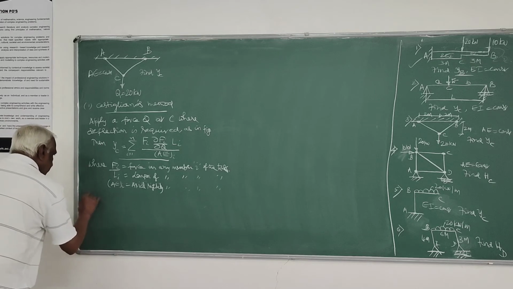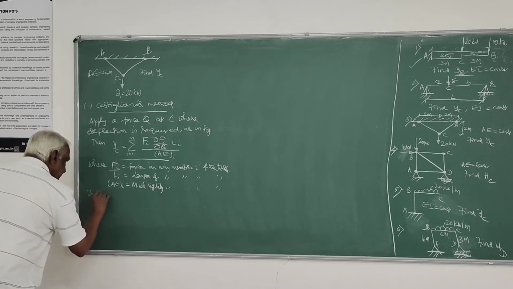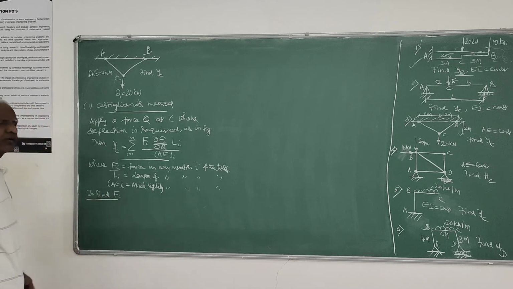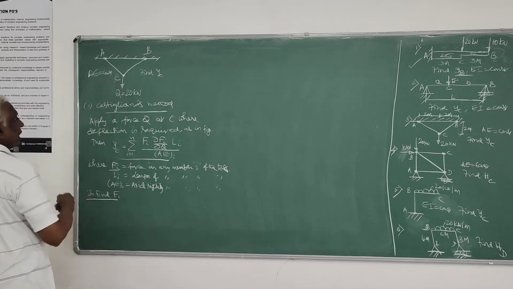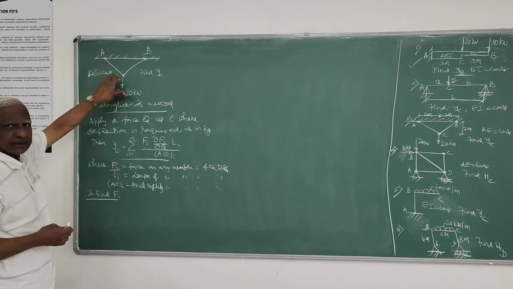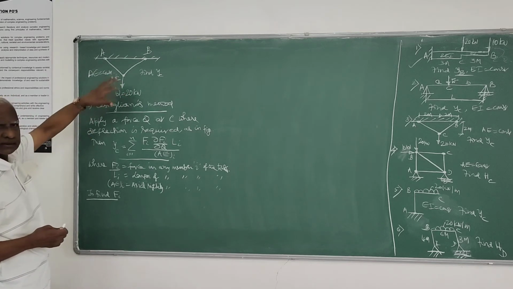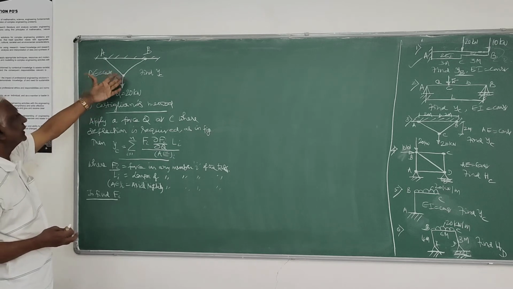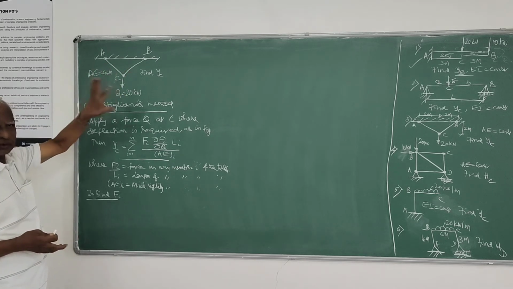So first, to find Fi forces, you have to adopt your usual method of analysis of the truss, either method of joints or method of sections. So we will adopt method of joints here. First, in the method of joints, you have to select a joint wherein not more than two unknown forces are there. Here there are only two members, only one joint.